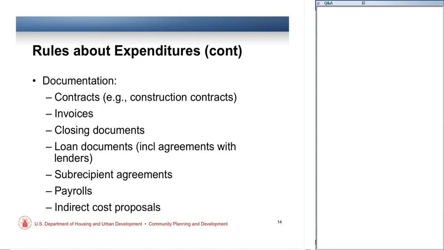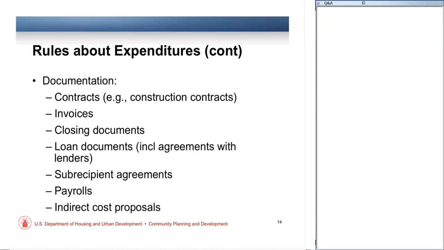So the kind of source documents that are sort of classic source documents are contracts, such as a construction contract, invoices that have been received from third parties, you have real estate transactions where you have purchases involved, closing documents, or closing documents on loans, as well as the related loan documents such as promissory notes or loan agreements. If you have a subrecipient relationship with a third party, then you need to have those documents.